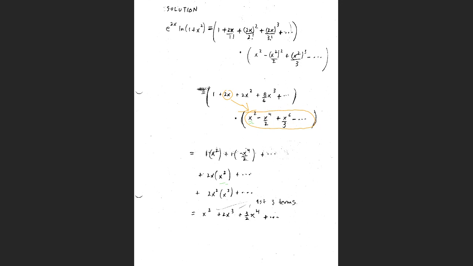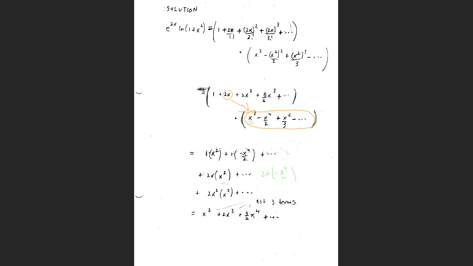I know it keeps going, but I don't write any more terms down. Why is that? Why don't I have here 2x times negative x to the 4th over 2? Hold on. Okay, why don't I do that?